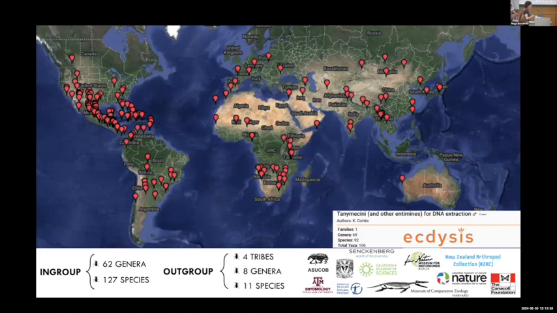And I have 62 genera of the 100 genera of the tribe from all those regions. And well, there's a checklist available in Ecdysis of the DNA extractions that I'm doing for my group. And I'm also extracting DNA from other possibly related tribes.